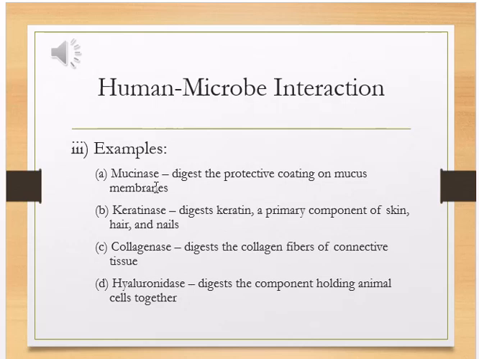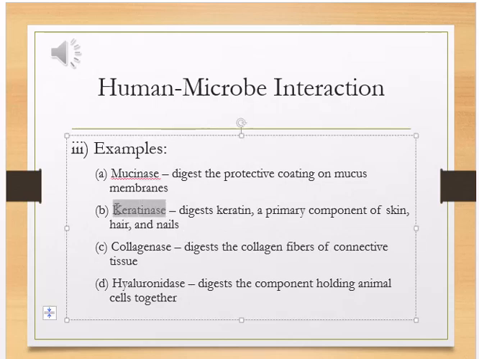Likewise, there are mucinase, keratinase, collagenase, and hyaluronidase. These are different enzymes which break down different substances. For example, keratinase breaks down your hair and your nails, which are made of keratin proteins. Likewise, collagenase acts on collagen fibers.